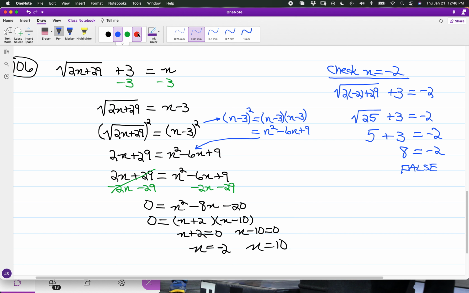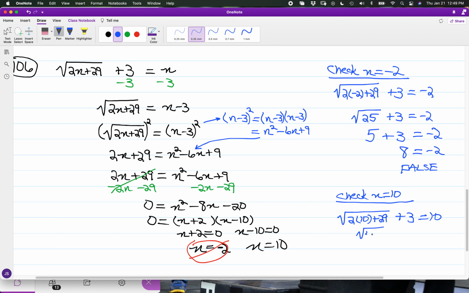And so negative 2 strikes out. As for 10, I have the square root of 2 times 10 plus 29, plus 3 is equal to 10. So 2 times 10 is 20, plus 29 is 49.